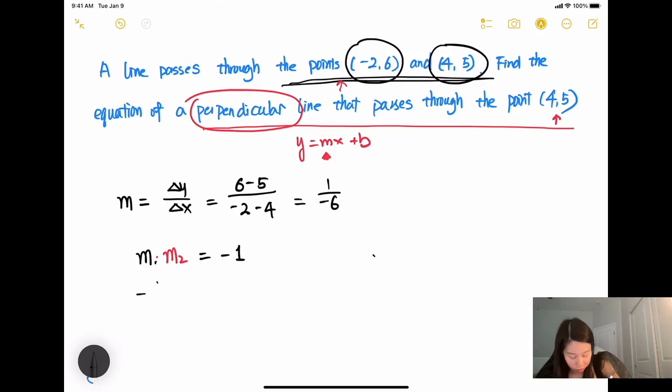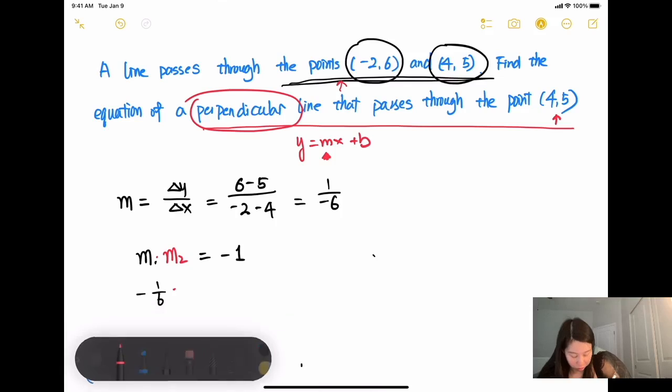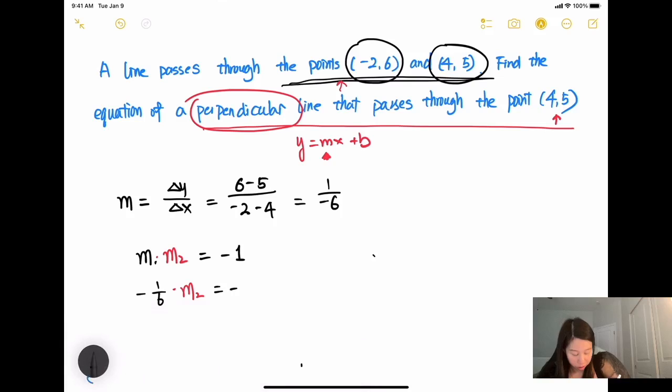So the first slope is equal to negative 1/6. The second slope, I don't know yet. It's still m2. That's something that we're trying to find out. It's equal to negative 1.